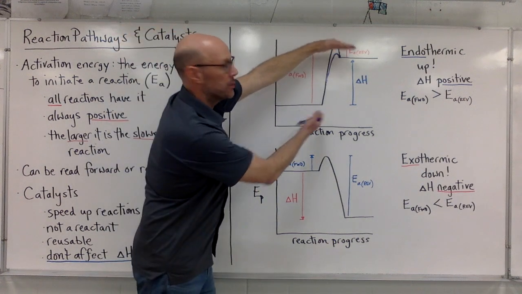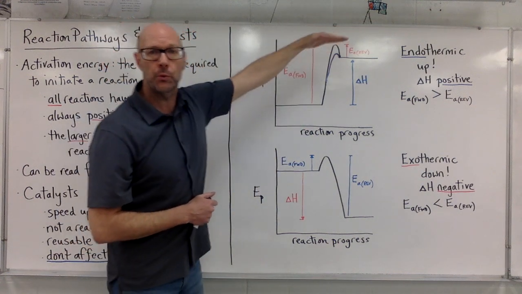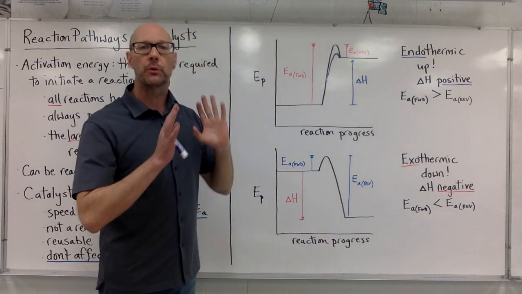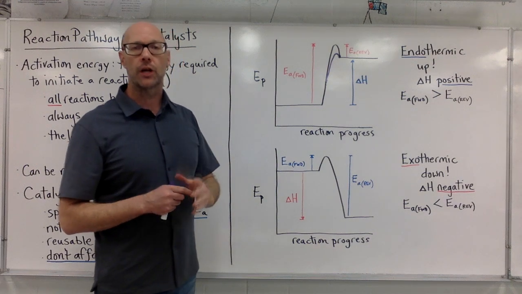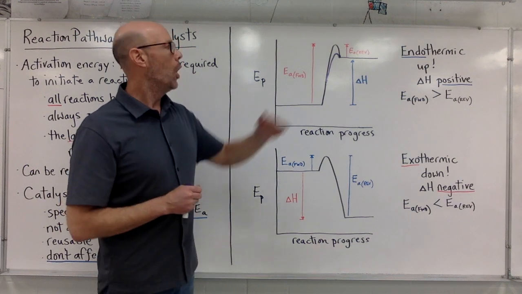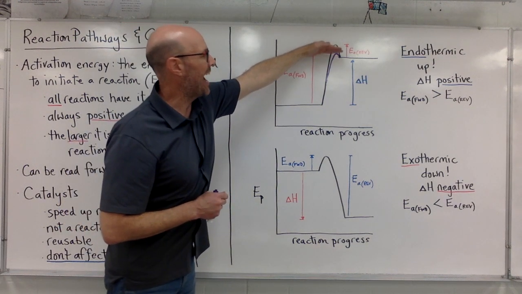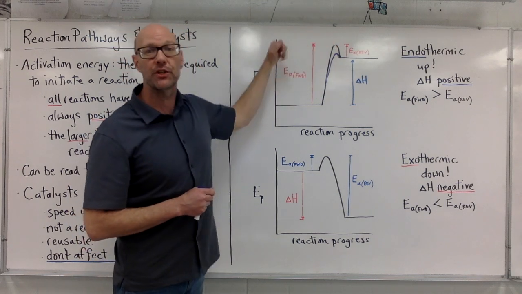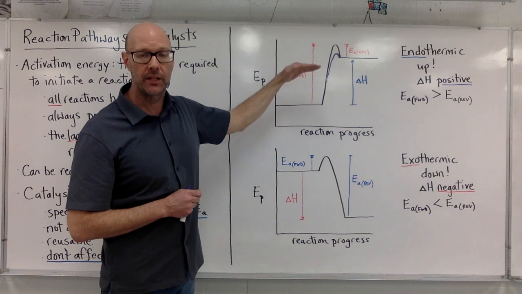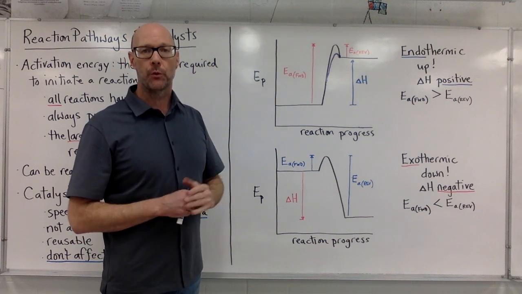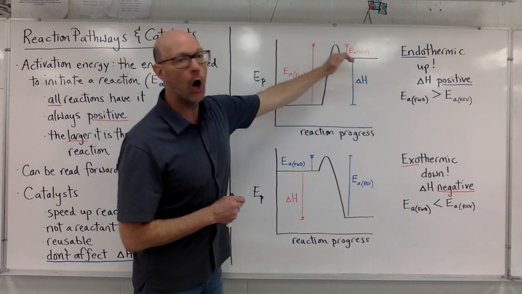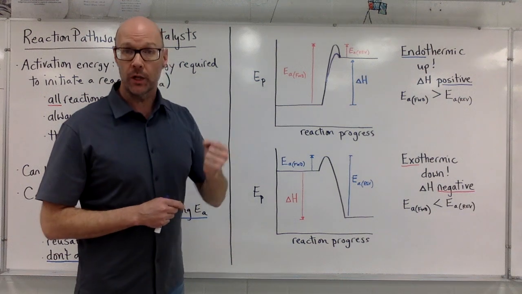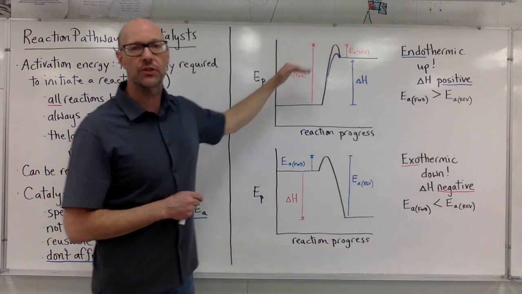Notice that the delta H was not changed. The distance between the two horizontal lines was not affected by the introduction of a catalyst. What was affected was that the activation energy was reduced. The forward and the reverse activation energy were decreased, and that's going to speed up the reaction. We provided an alternate path, a shortcut, to get from the reactants to the products.